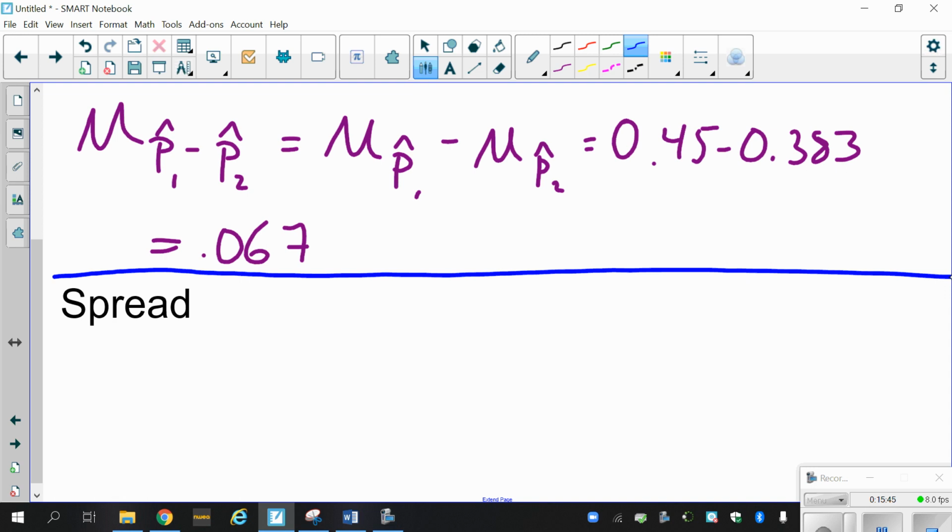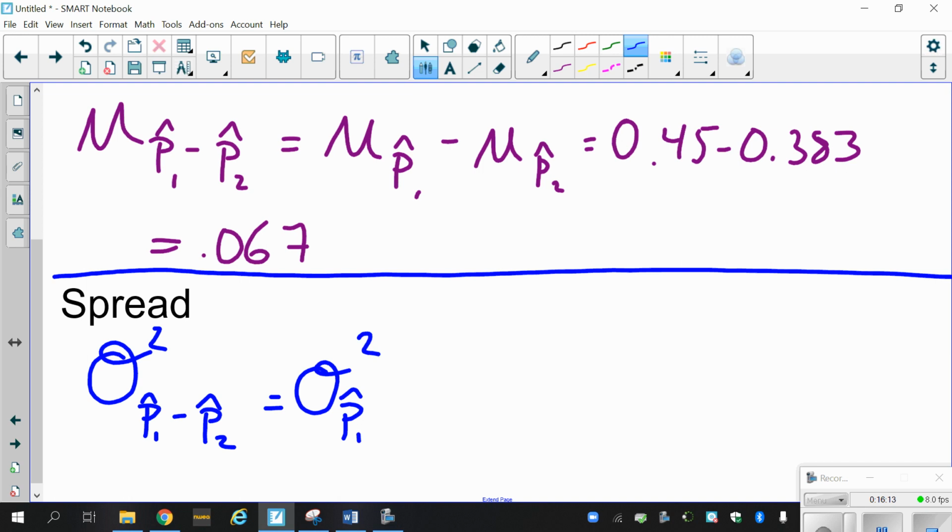The new standard deviation is found by knowing that the variance of the differences in proportions is the variances added.